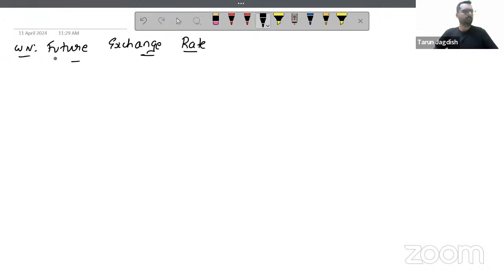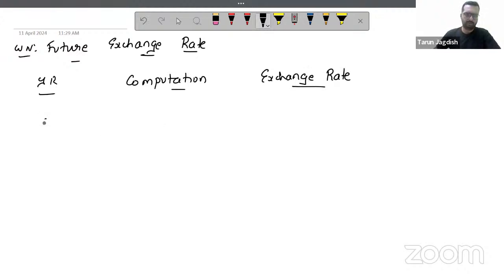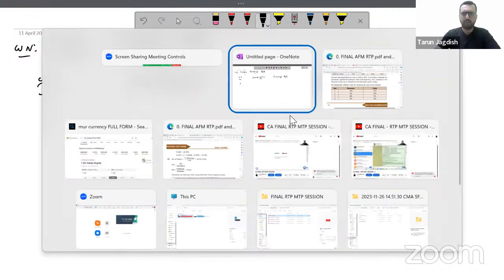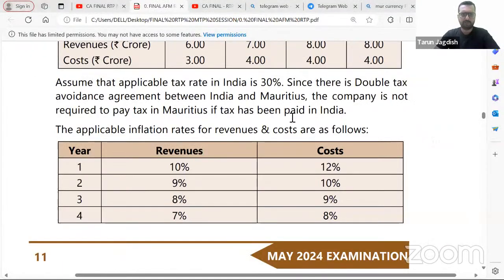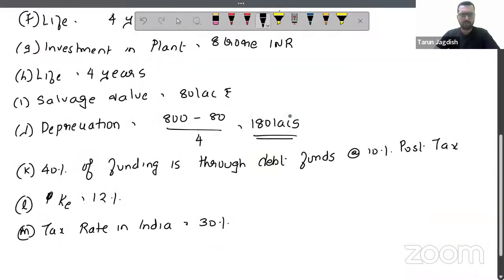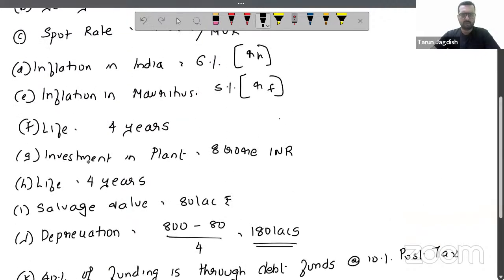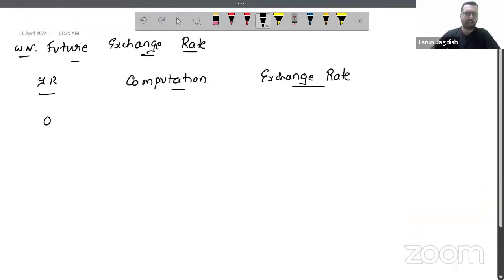So here I'll write down computation, and the third column heading would be exchange rate. Okay. Year 0, we already have an exchange rate, correct? What is the year 0 exchange rate given in the question? 1.88, correct?